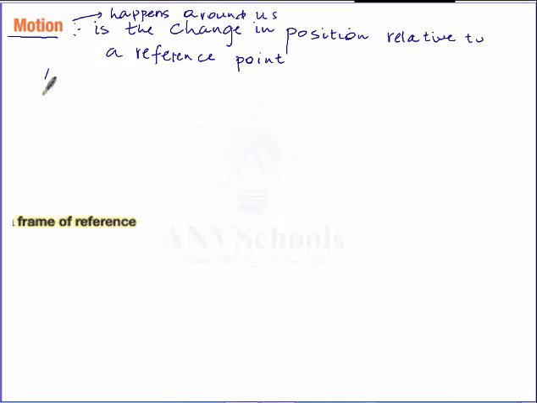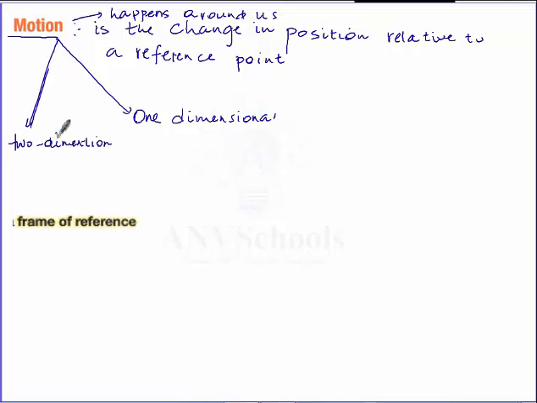There are two types of motion: one-dimensional motion and two-dimensional motion. Motion along a straight path, or a motion that follows a single path, is called one-dimensional motion.